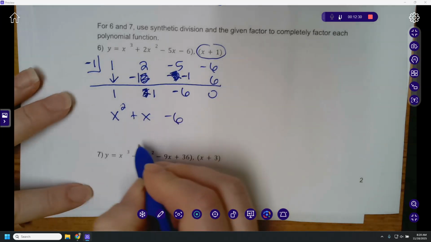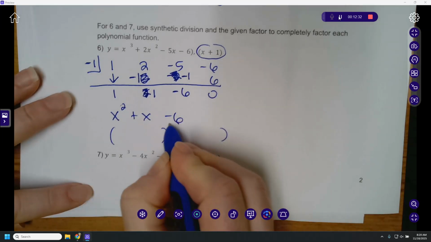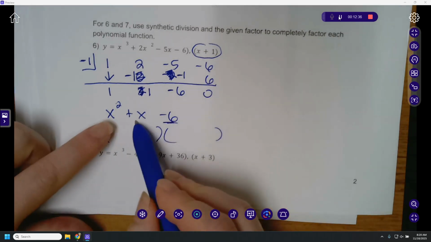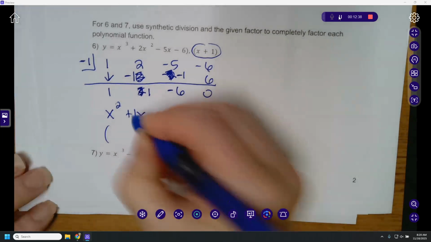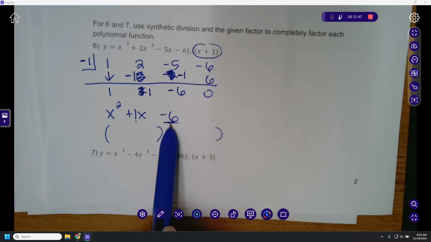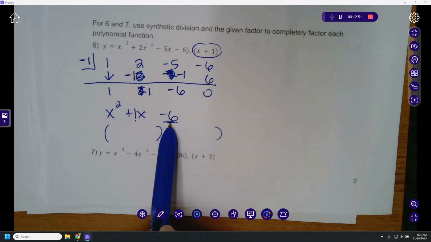Can you think of something that multiplies to be a negative 6, but the outers and the inners add up to be a 1? Any ideas on that? So what are some things that multiply to be negative 6? Like 2s and 3s, plus or minus, and 6 and 1?